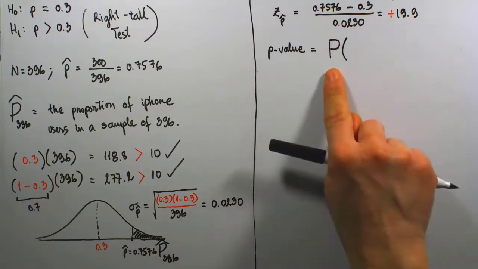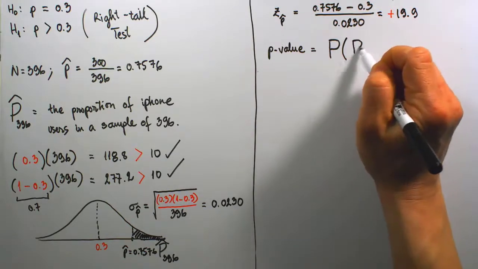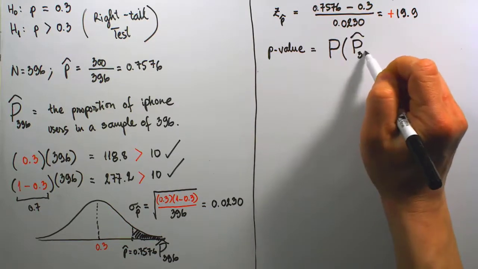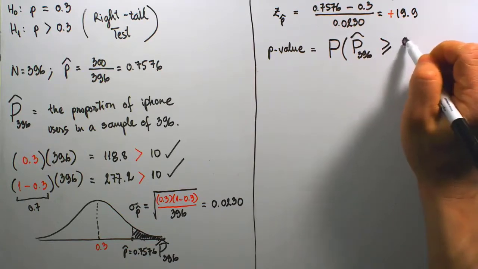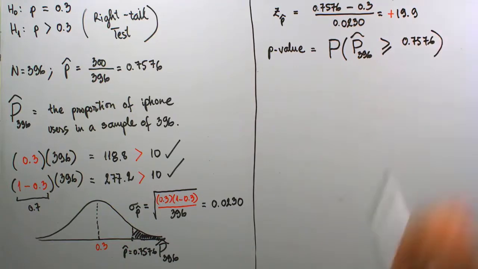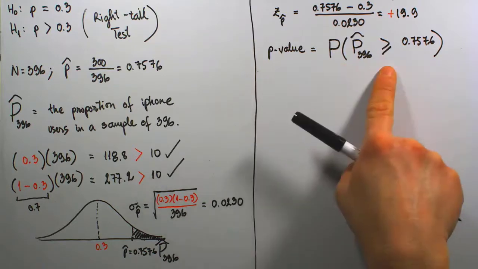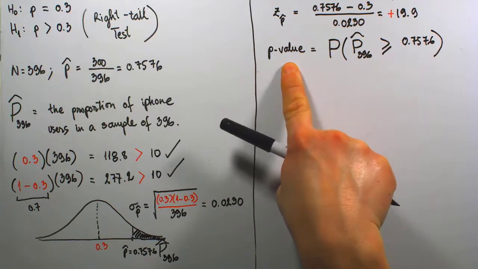So in symbolic statements, the probability that we're going to find a sample proportion at size 396 to be greater than or equal to 0.7576. So this is how we set up the calculation for the p-value.